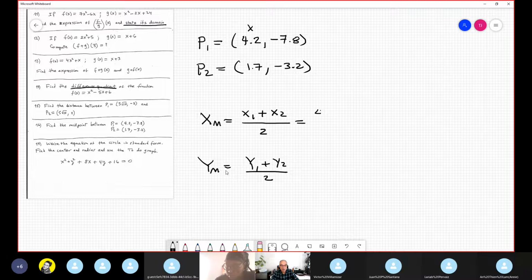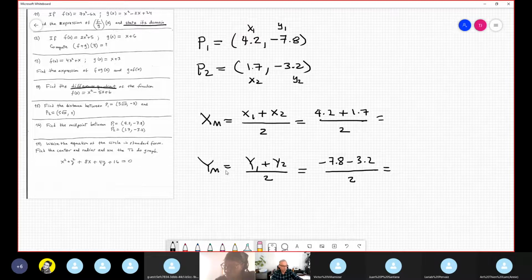This is x1, y1, and this is x2, y2. So basically it's 4.2 plus 1.7 divided by 2. And the y component is y1, minus 7.8, plus minus 3.2, which is minus, divided by 2.